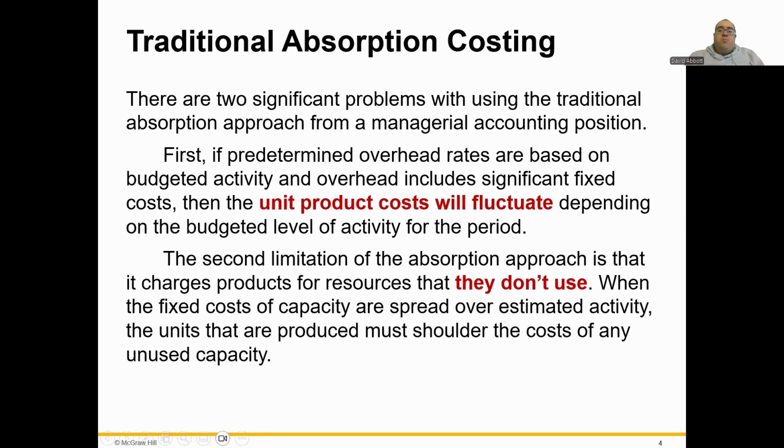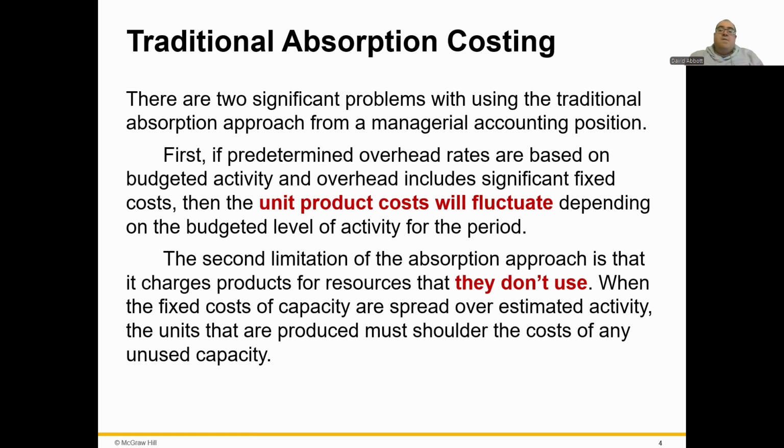So traditional absorption costing. There are two significant problems with using the traditional absorption approach from a managerial accounting position. First, if predetermined overhead rates are based on budgeted activity and overhead includes significant fixed costs, then the unit product costs will fluctuate depending on the budgeted level of activity for that period.